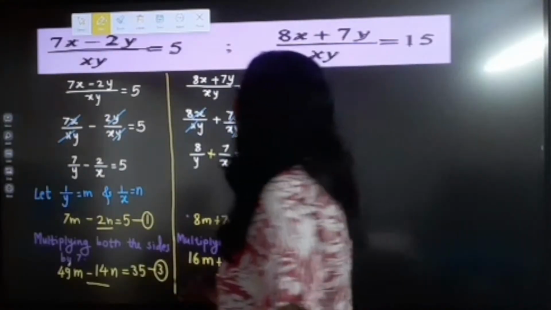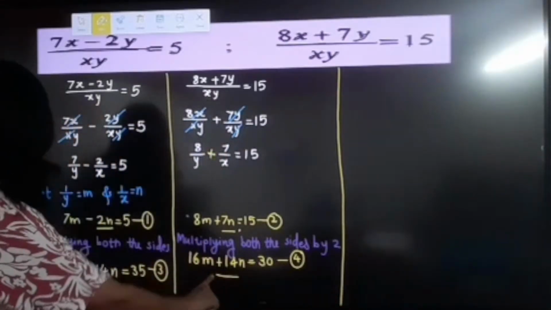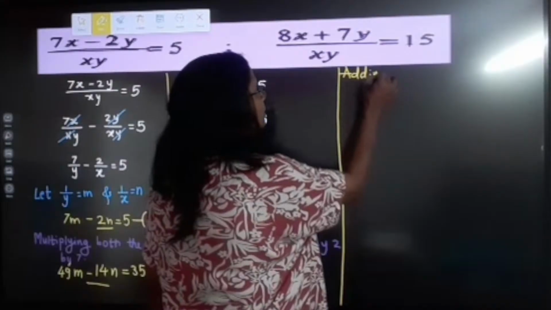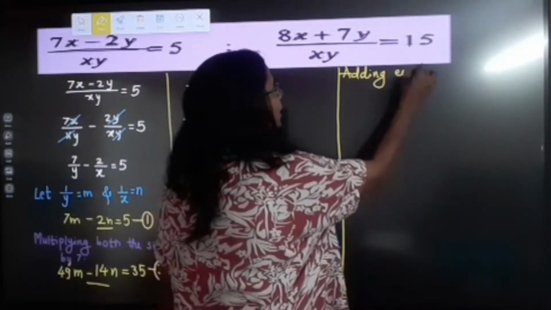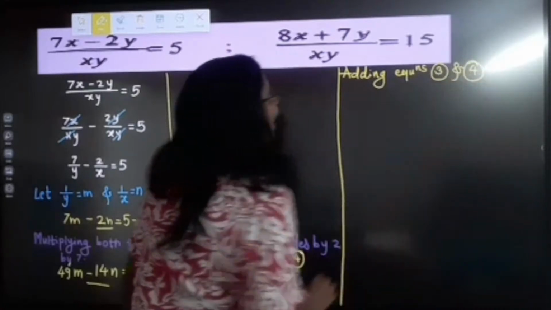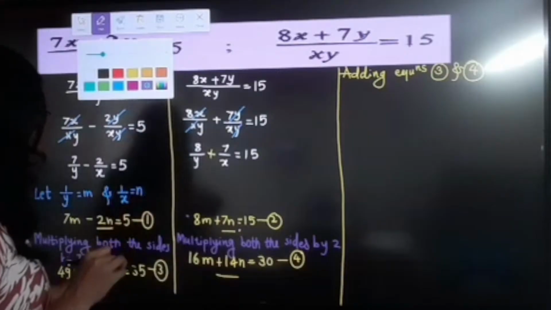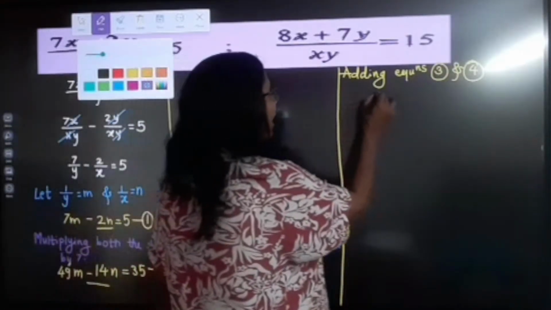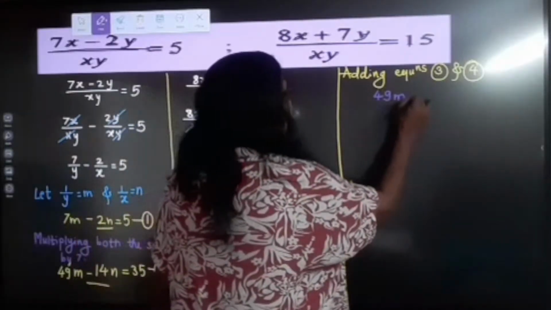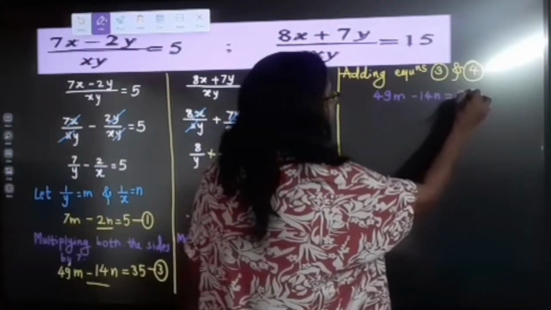So now the next step will be adding equations 3 and 4. Add these two equations, students. 49m minus 14n is equal to 35.